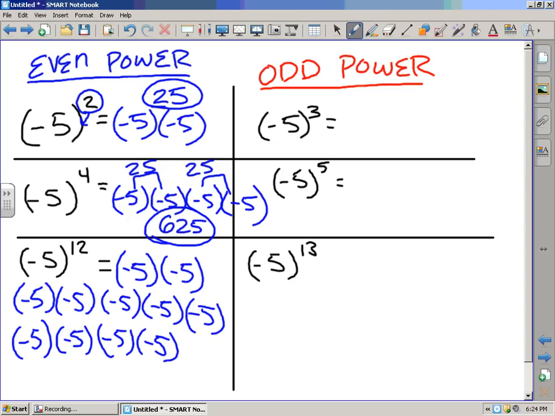Let me count these. 1, 2, 3, 4, 5, 6, 7, 8, 9, 10, 11. One more. And negative 5 to the 12th power gives us a very large number. I'm going to write that in another color so you can see it better. But that is this number right here.